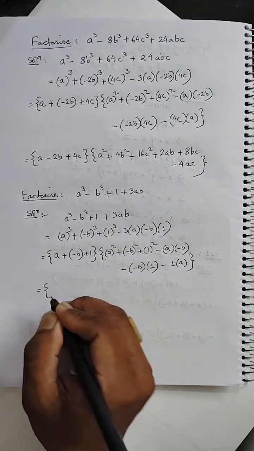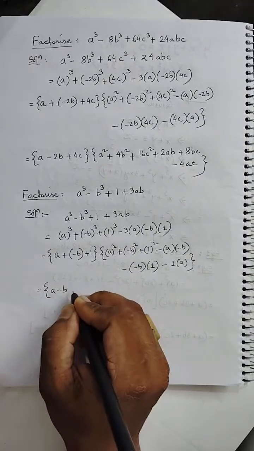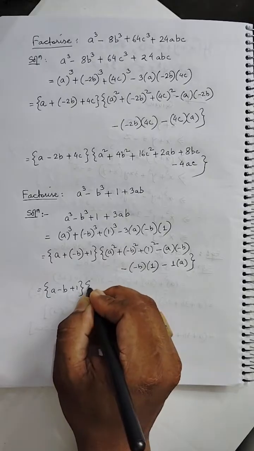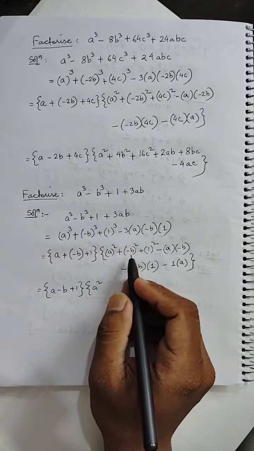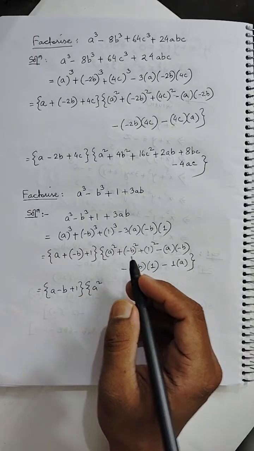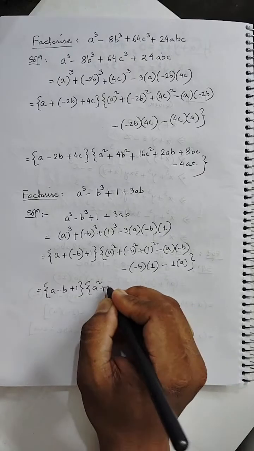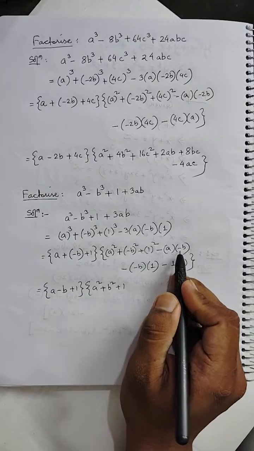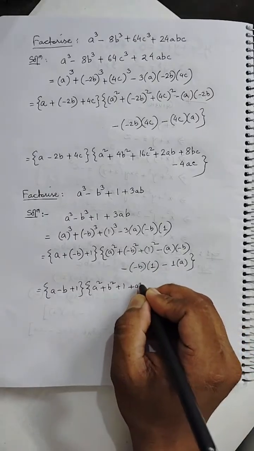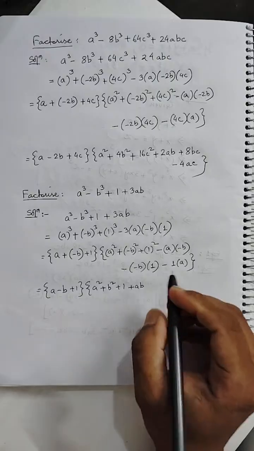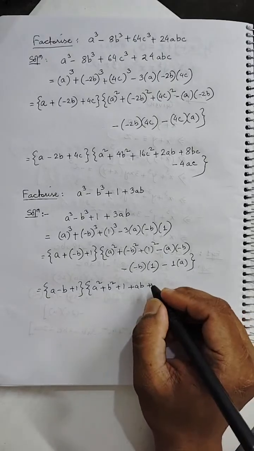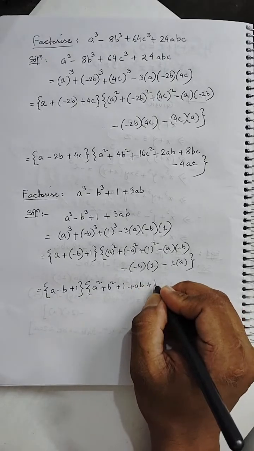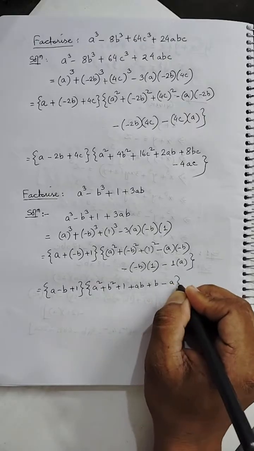So our answer will be a minus b plus 1, a square, whole square of negative is positive, plus b square plus 1. Negative multiplied by negative is positive, ab. Negative multiplied by negative is positive, and b into 1 is b, and minus a.